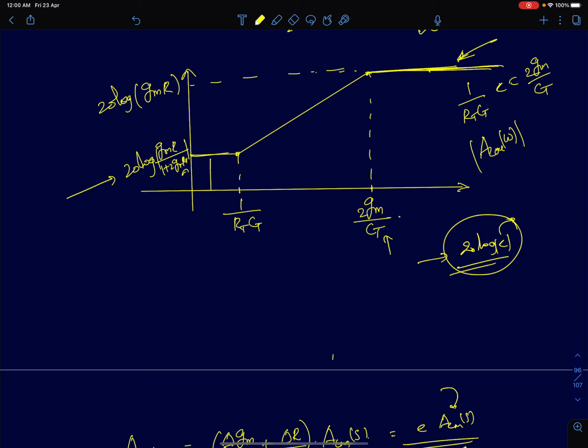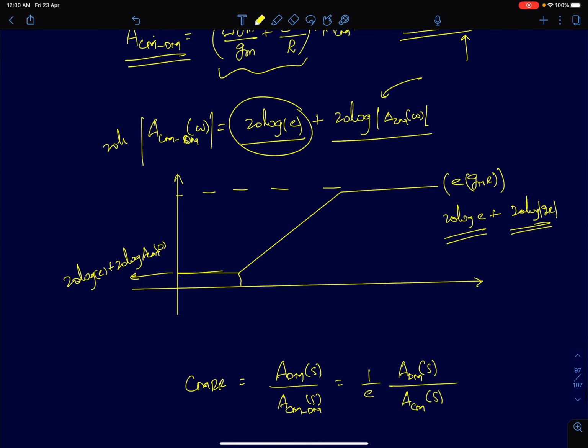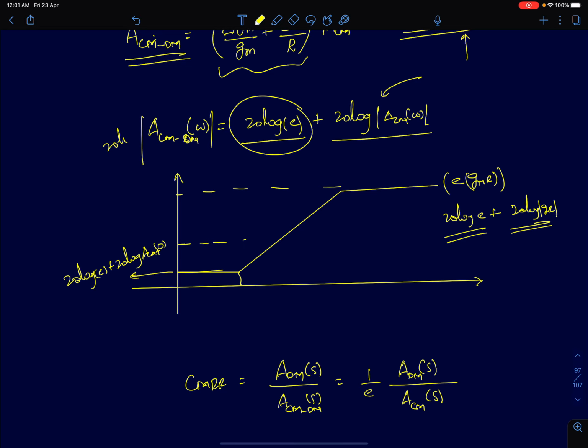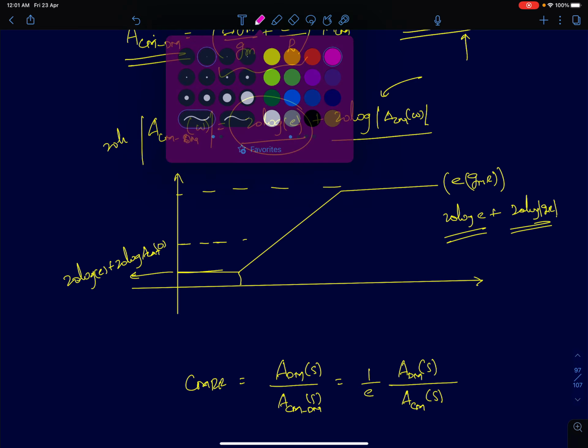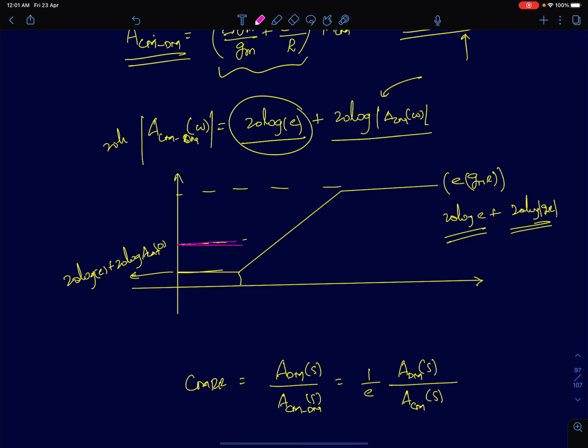So that amounts to just shifting this graph down by this value, 20 log mod E. It will be a negative value, so we'll be shifting this graph down. The poles and zeros, everything will remain the same. The only difference is the graph would have shifted a little bit. So previously, the graph for common mode gain will look like this. Now this would have been shifted down by 20 log E.